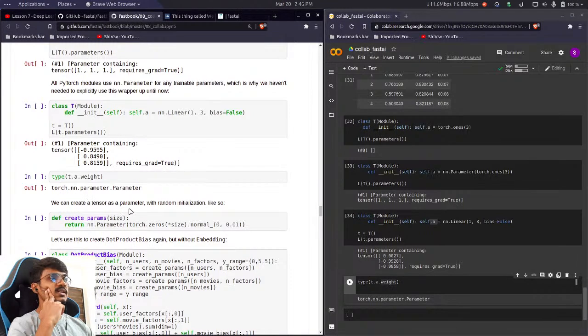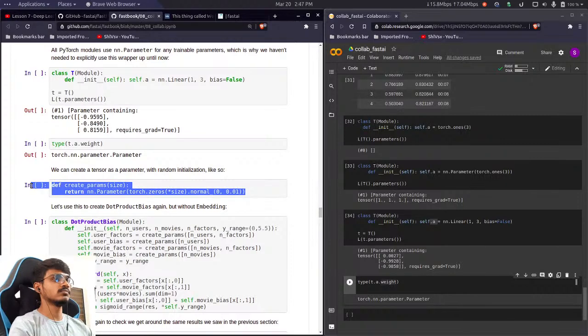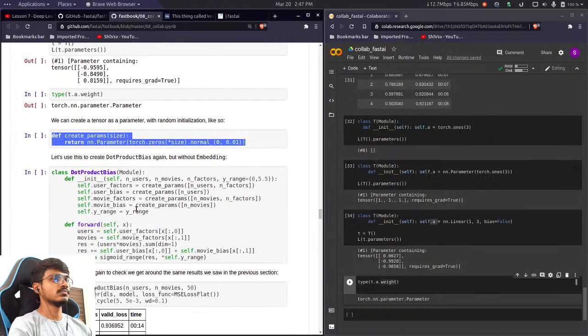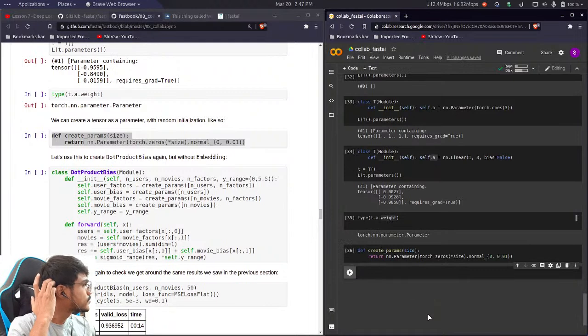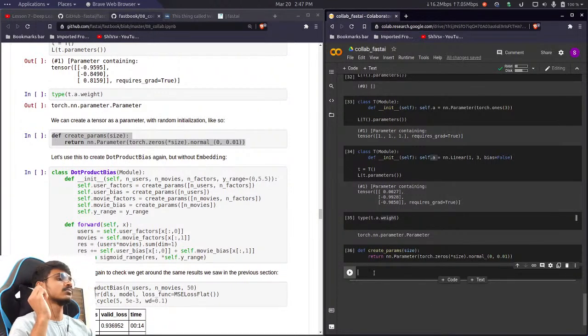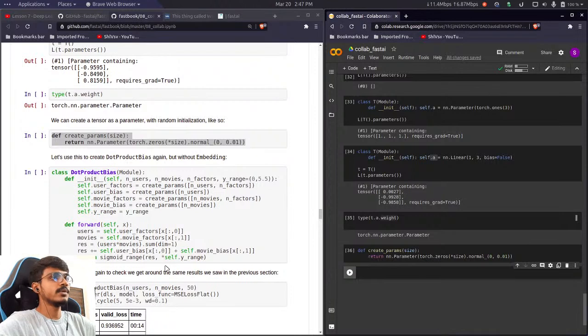We can create a tensor as a parameter with random initialization like so. Right, we have created a function create_params, which will create the parameters automatically for us.